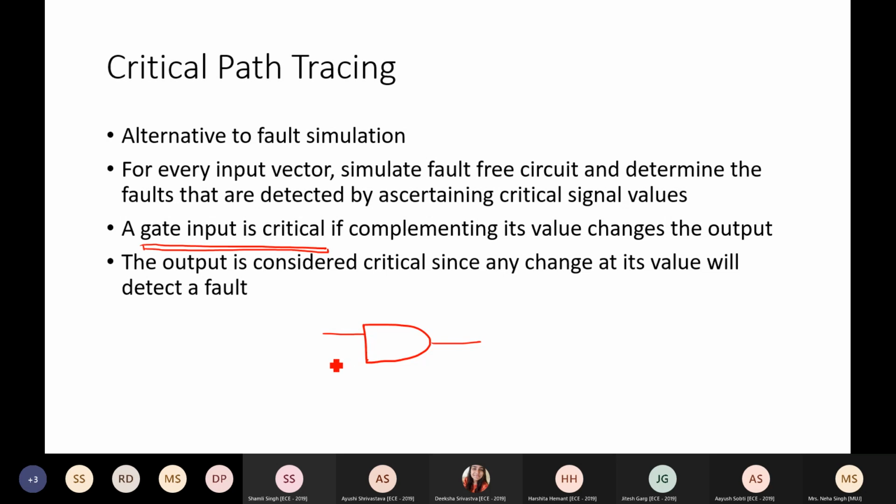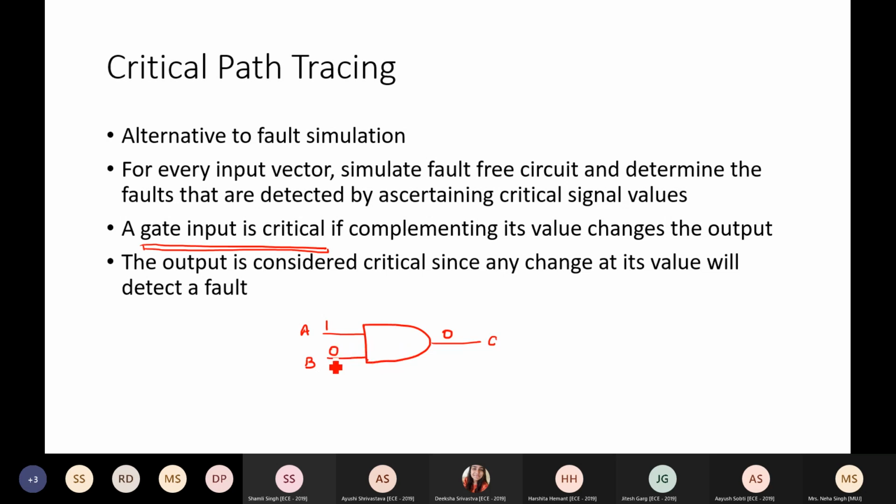For example, this is an AND gate. ठीक है, इसका एक input 1 है, एक input 0 है. So right now the output is 0 for the AND gate. Let us say the inputs are named A, B and the output is called C. Of the two inputs A and B, which one is critical to this AND gate?